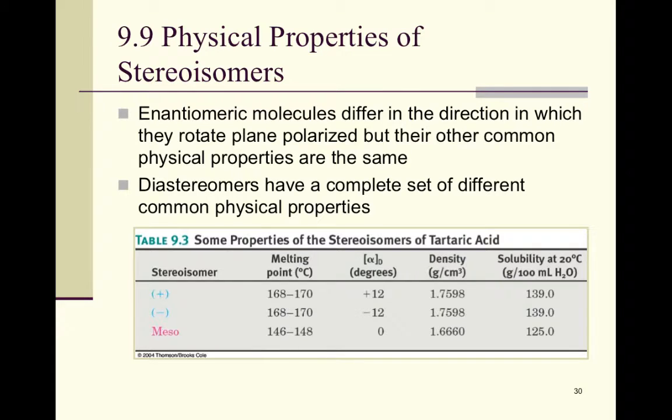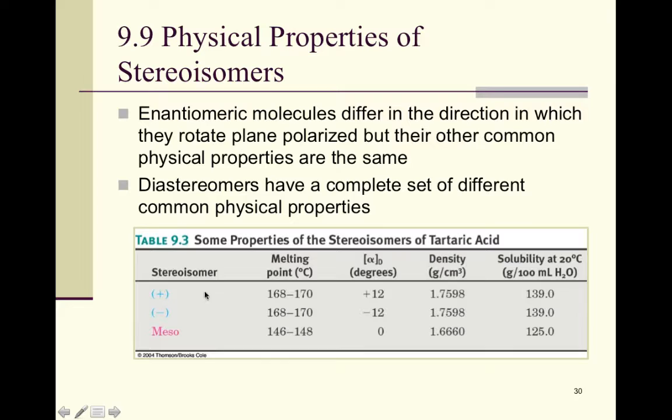Physical properties of stereoisomers. Enantiomeric molecules differ in the direction in which they rotate plane polarized light, but their other common physical properties are the same. Now, diastereomers have a completely different set of physical properties. This table shows us some properties of the stereoisomers of tartaric acid.